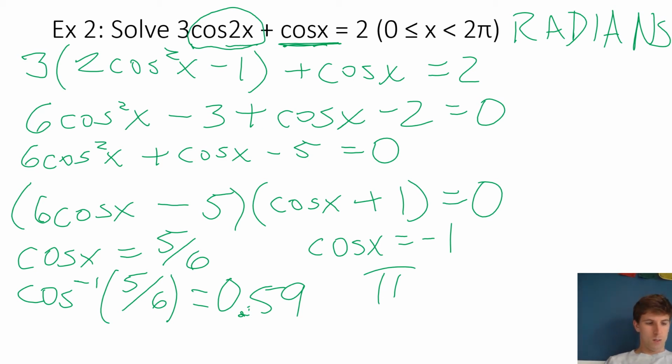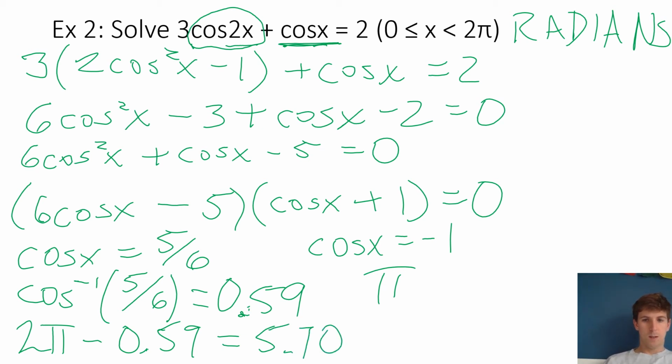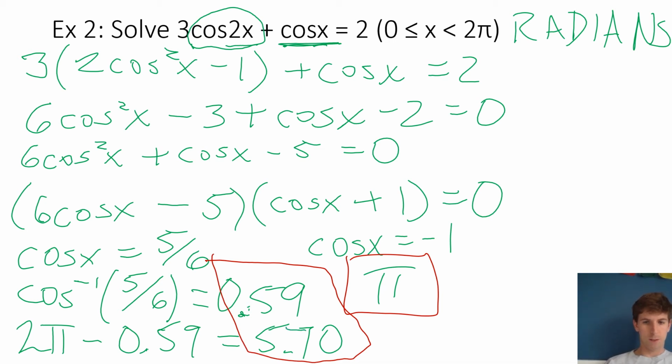So the other one is going to be at 2 pi minus 0.59, which would get us approximately 5.70. And so there are my three solutions. We'll have pi, 0.59, and 5.70. Sorry, that is a rough 7 there, but there we go.